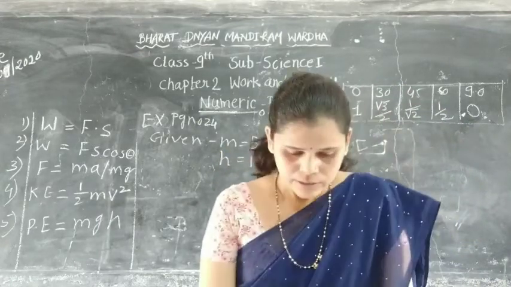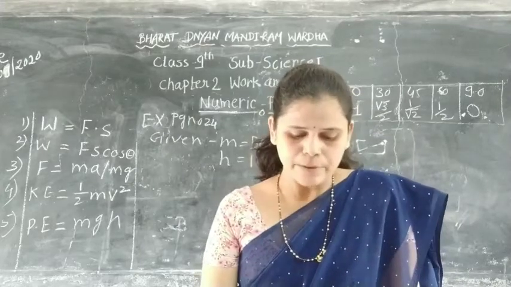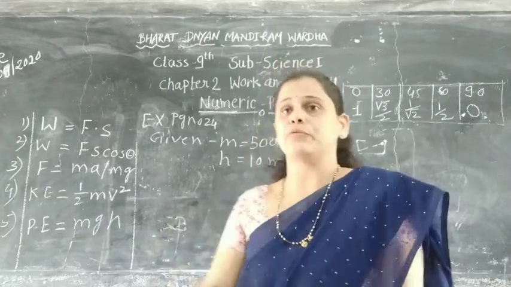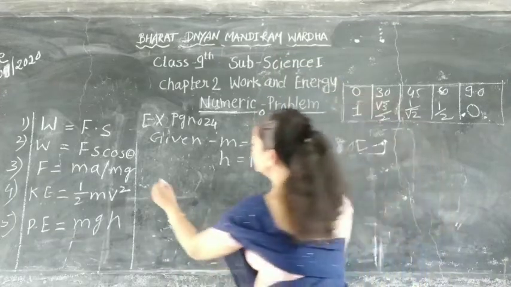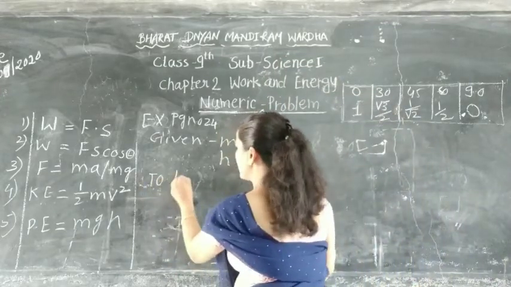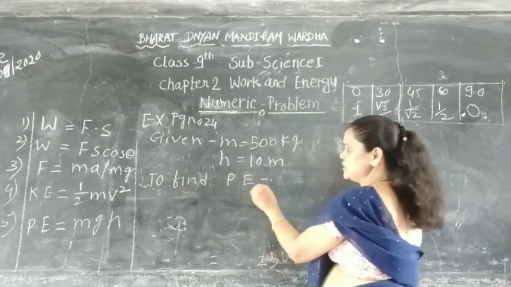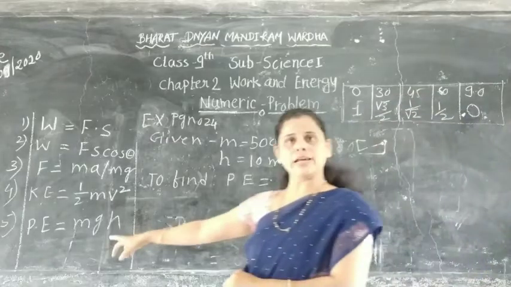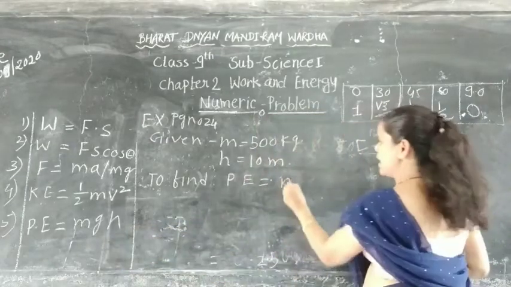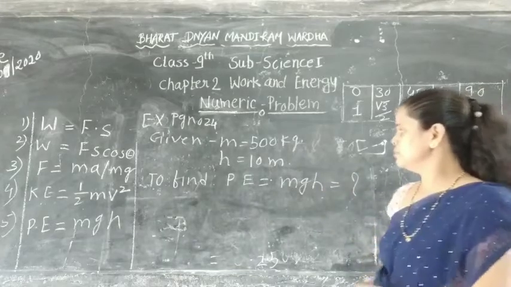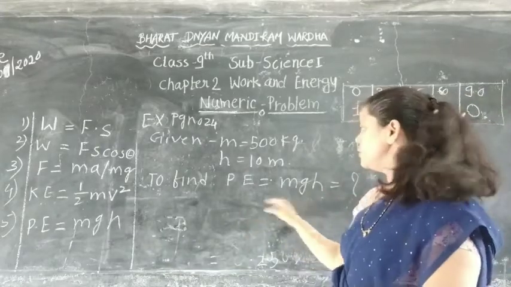Calculate the amount of potential energy stored in the water. To find potential energy, we know the formula of potential energy is mgh. You have all the terms in this formula.